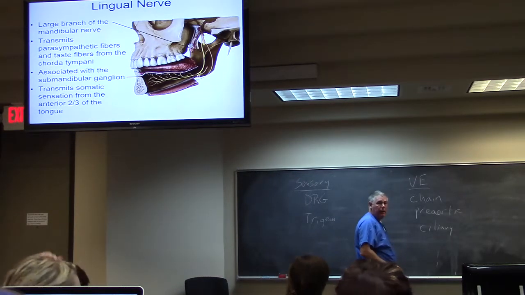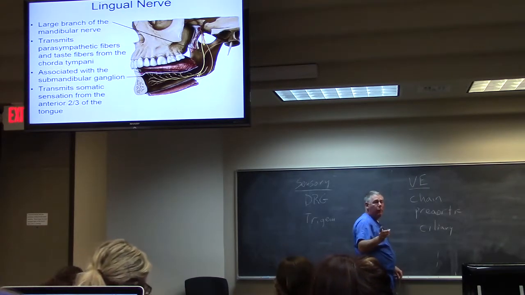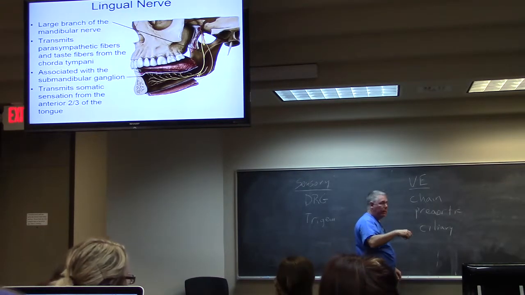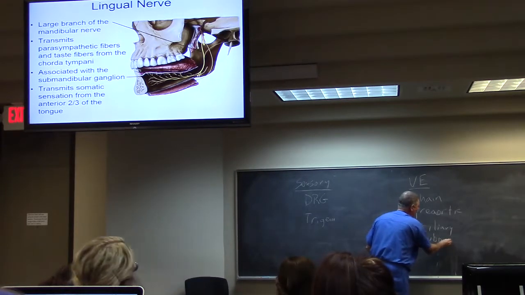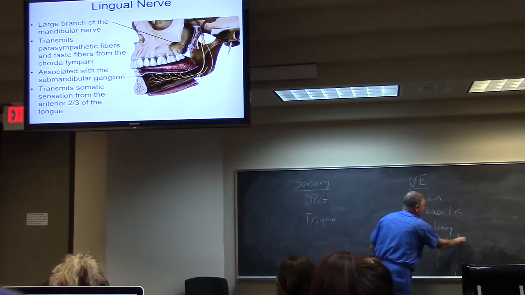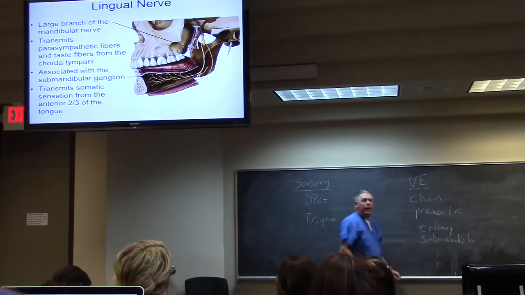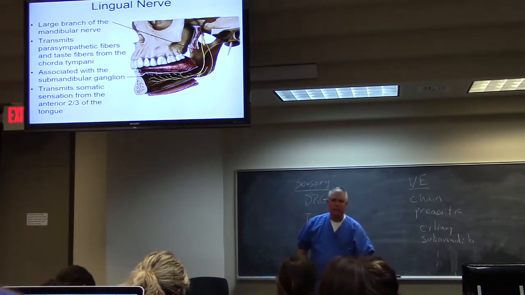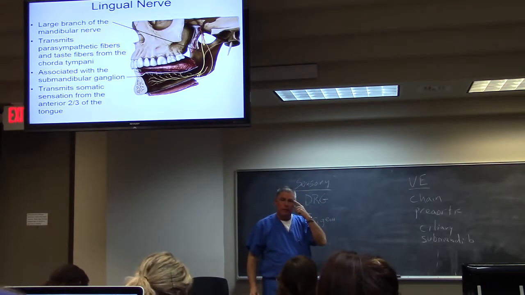What's that? What'd you say? I said chorda tympani. The chorda tympani is the nerve. Yeah. So, submandibular. And then the ganglion of 7 also goes to the lacrimal gland.